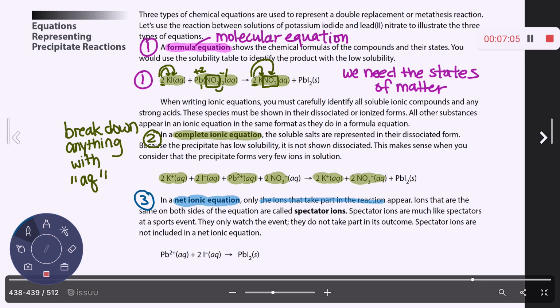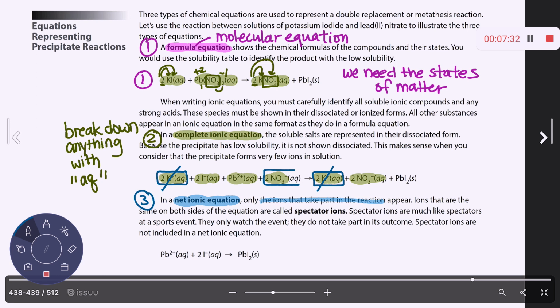Well, whatever is identical on the reactant and product side, cancel. So do you see how we have a 2K plus 1 here, and then I have another one over here? So whatever you have on the reactant and the product side, if they're identical, you get to cancel them out. So this gets to go away. And do you see anything else that we can cancel?